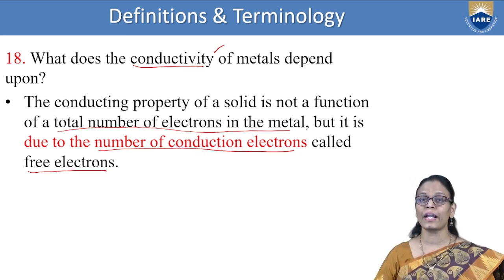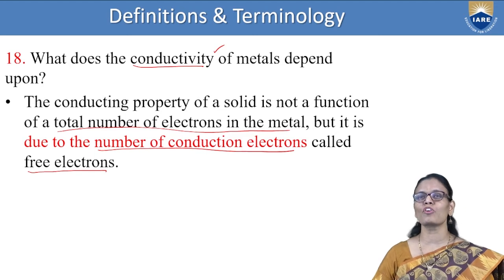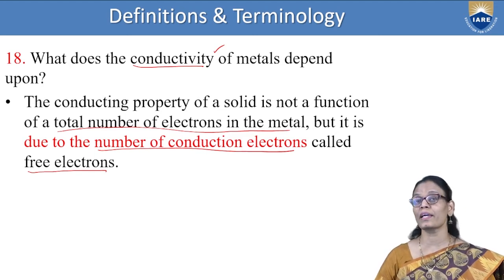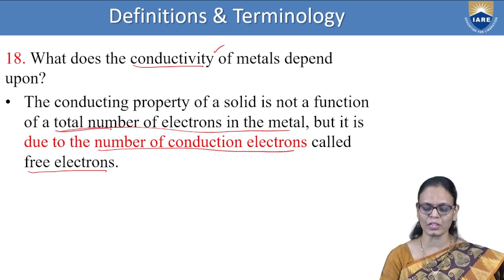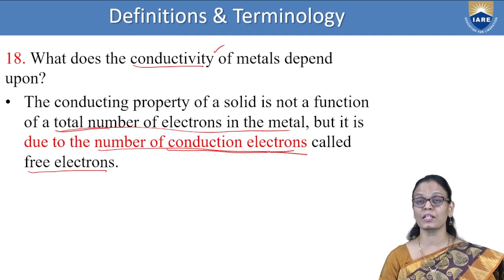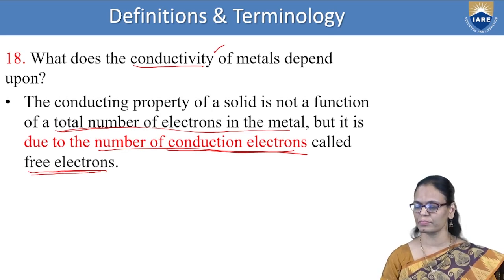No. It all depends upon the number of free electrons. Even though there are electrons, if the electrons are not free, it does not conduct. So it does not depend on the total number of electrons, but on the number of conduction electrons or free electrons.